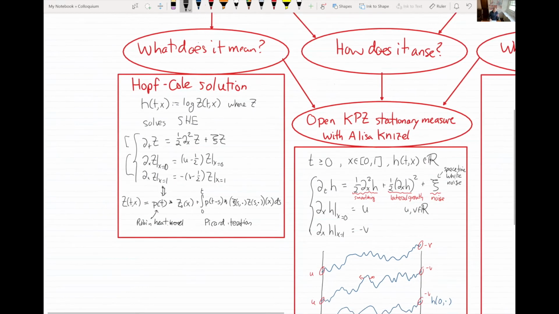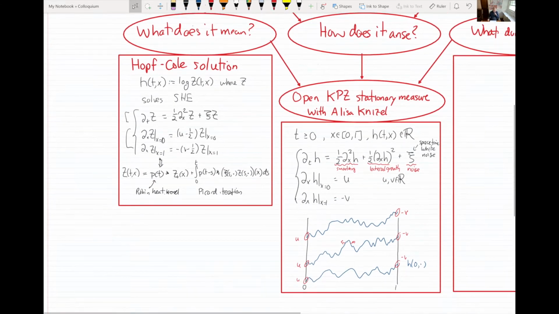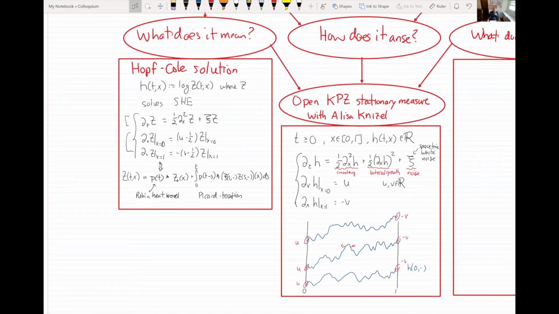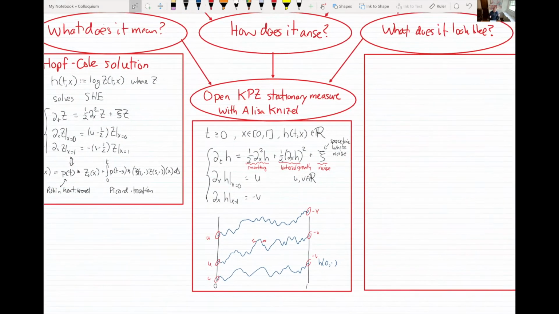Okay, so if I lost you, I'm done with the stochastic analysis. I just wanted to explain to you what this equation really means. We'll see another meaning for it in terms of scaling limit in a little while, but one should know what you're working with.